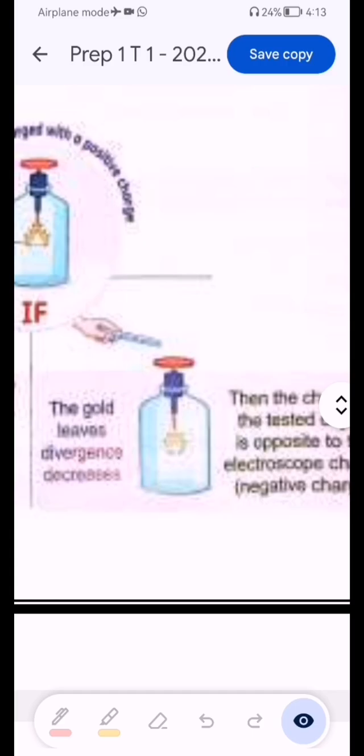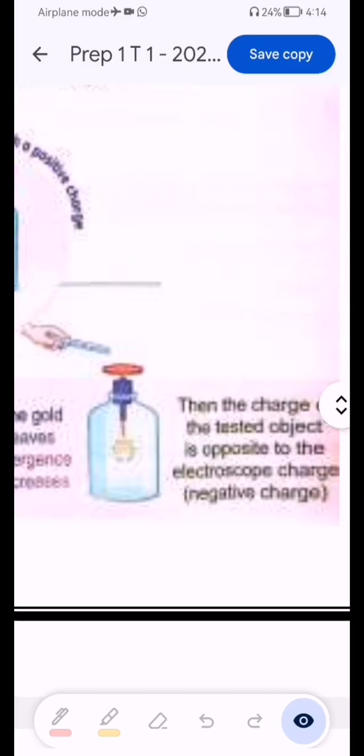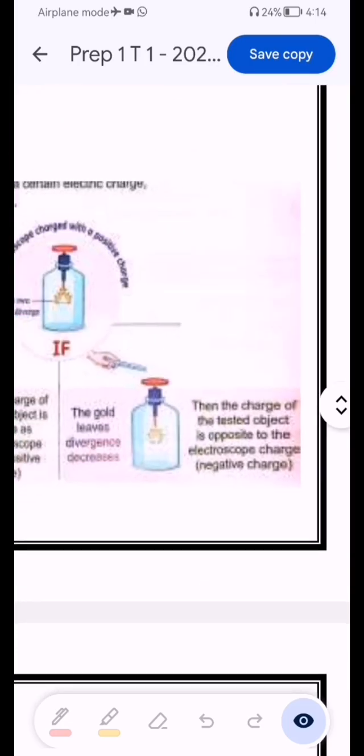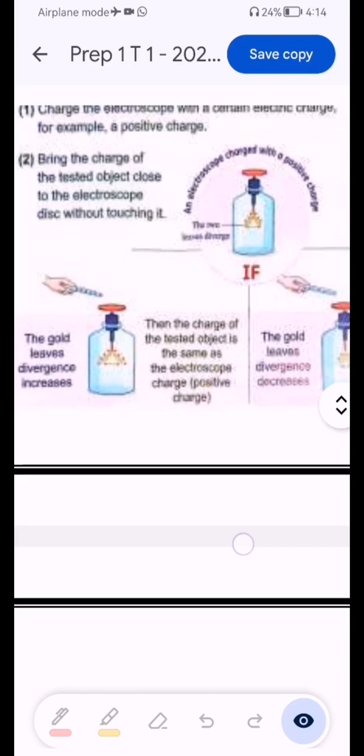That means the object has a different charge, so attraction occurs between them and the divergence decreases. So the charge of the object is negative, because the device is positive and the divergence decreases. That means the object has the opposite charge of the device. So when the divergence increases, the object has the same charge as the device. When the divergence decreases, the object has a different charge from the device.